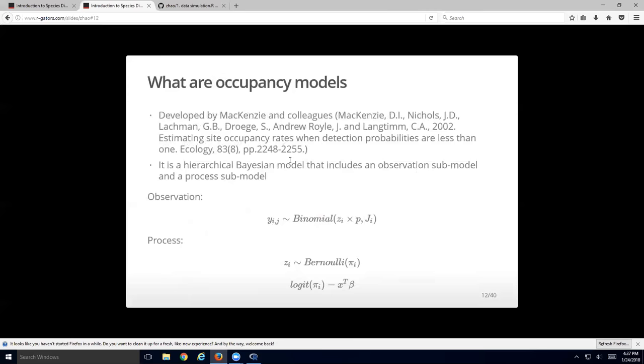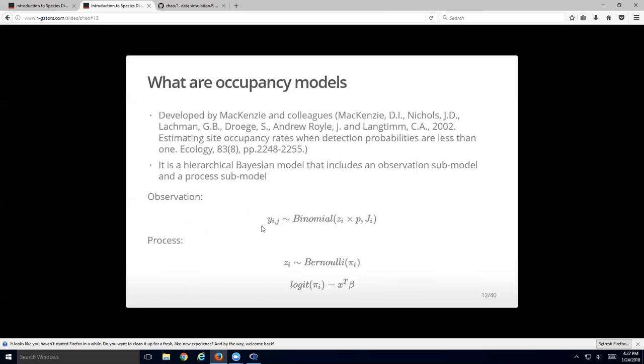So it separates the observation from the true ecological process. In that way, the relationship in this process will be more accurate.